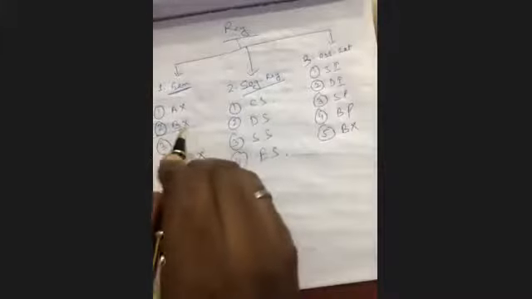Offset registers: number 1, SI, number 2, DI, number 3, SP, number 4, BP, number 5, BX. So BX is in 2 places, in the general purpose registers as well as in the offset registers. Basically, it is the same register but used for both purposes, as offset storage as well as a general purpose register.